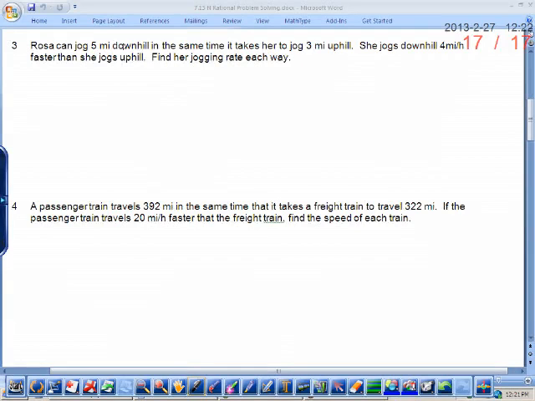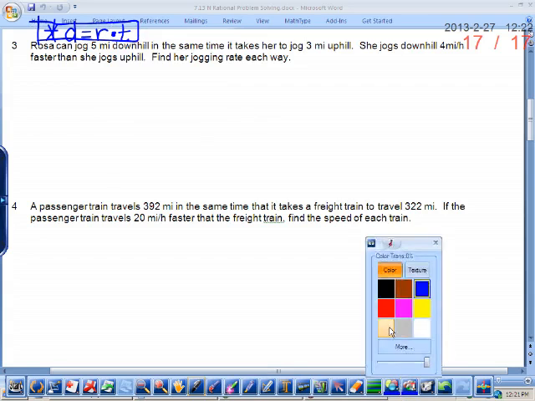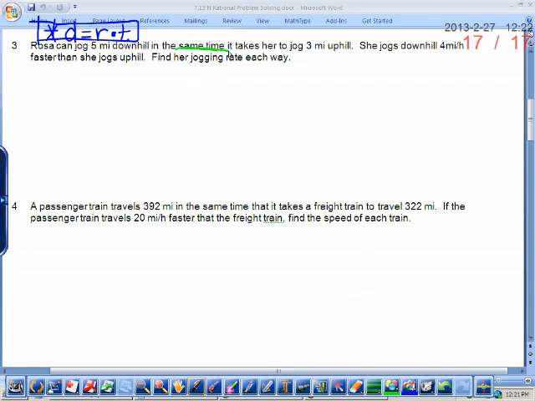All right, so we need to remember that really important formula, distance equals rate times time. One thing that we know for sure is that they take the same time. So I can go ahead and say that t is that same time. What's the other variable we need though?